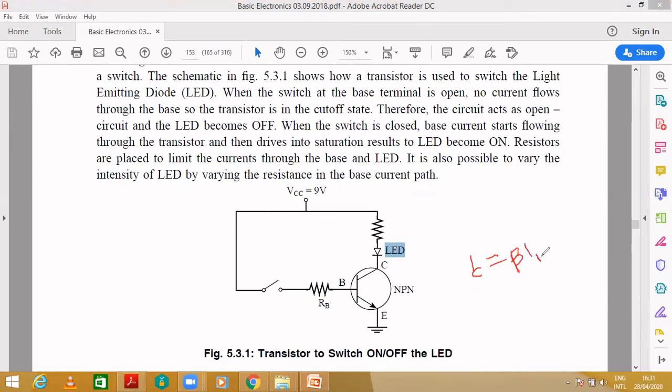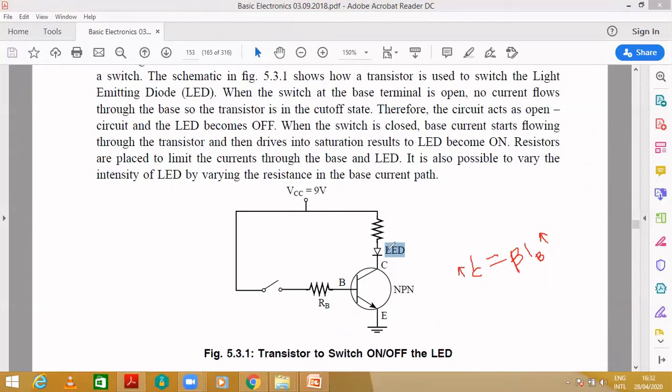If the base current increases, the collector current also increases. If this decreases, this also decreases. So based on the base current, the collector current will flow and the LED will glow. This is how a transistor switches the LED on and off.